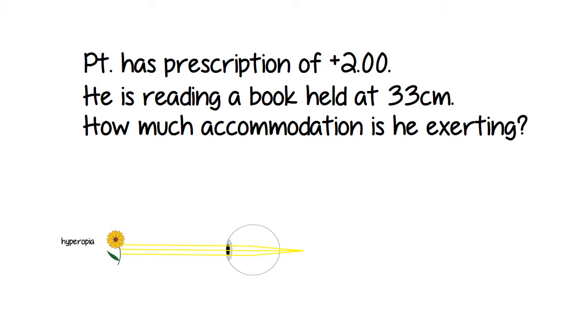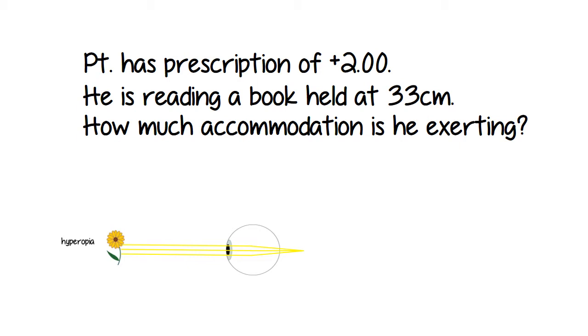Just a side note. But the patient is already a +2 hyperope, reading without glasses, a book that is held at 33 centimeters. How much accommodation is this patient exerting? You can probably do it in your head.